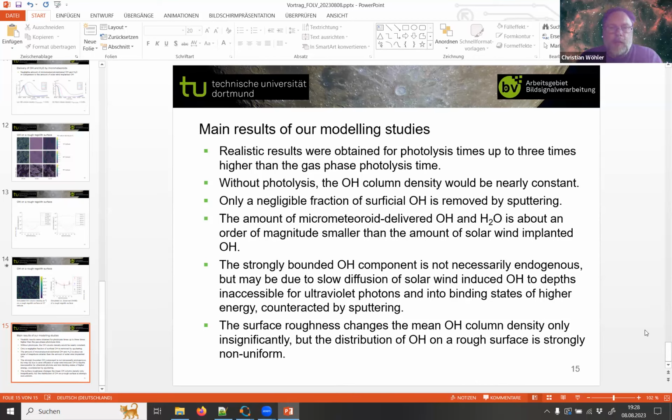So in the night, there is an assumed steady stream of hydroxyl and water by micrometeoroids. But if hydroxyl has accumulated at some points on the surface, it will not disappear during the night.